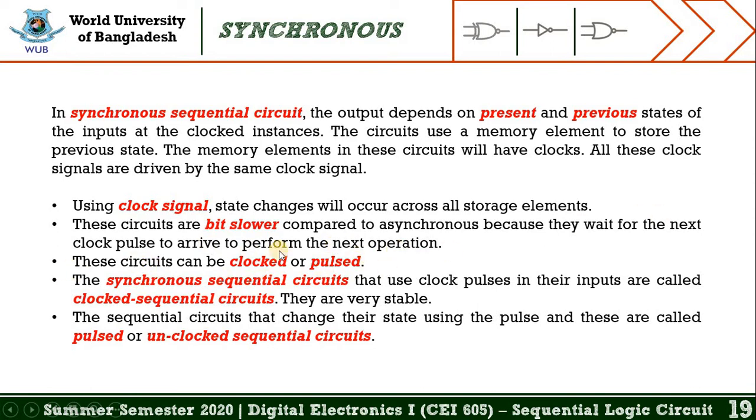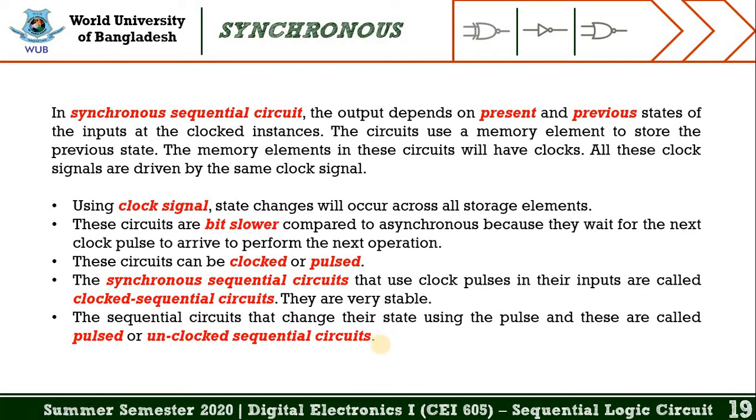These circuits can be clocked or pulsed. The synchronous sequential circuits that use clock pulses in their inputs are called clocked sequential circuits, and they are very stable. The sequential circuits that change their state using the pulse are called pulsed or unclocked sequential circuits.